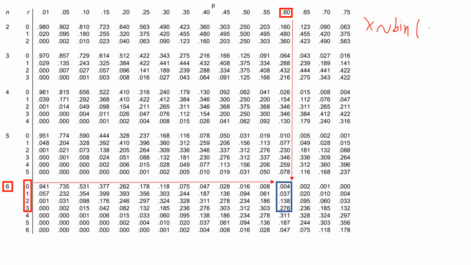As practice, for example, I put n beforehand. Let's say, for example, 6, and let's say 60%.